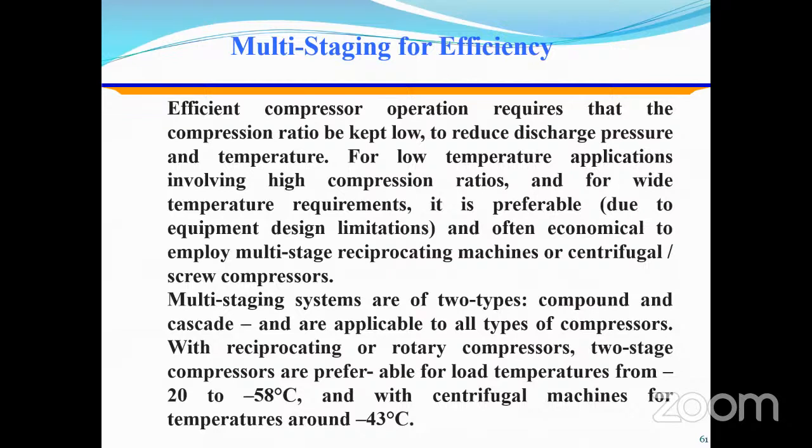Multi-staging for efficiency. Efficient compressor operation requires that the compression ratio be kept low to reduce the discharge pressure and temperature. For low temperature applications involving high compression ratios and for wide temperature requirements, it is preferable due to equipment design limitations and often economical to employ multi-stage reciprocating machines or centrifugal or screw compressors.